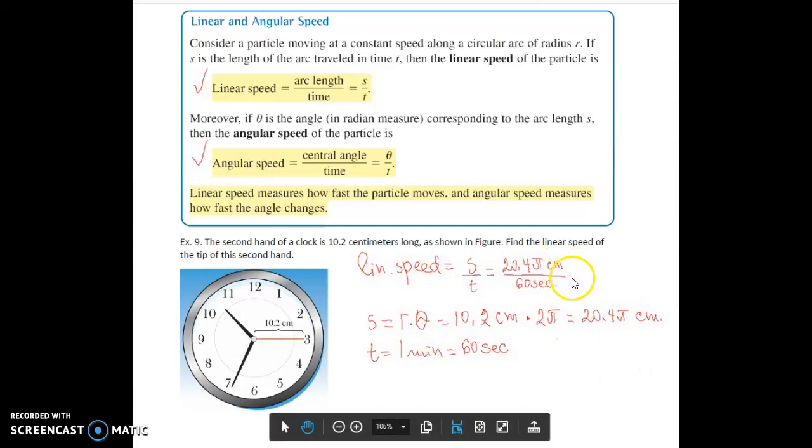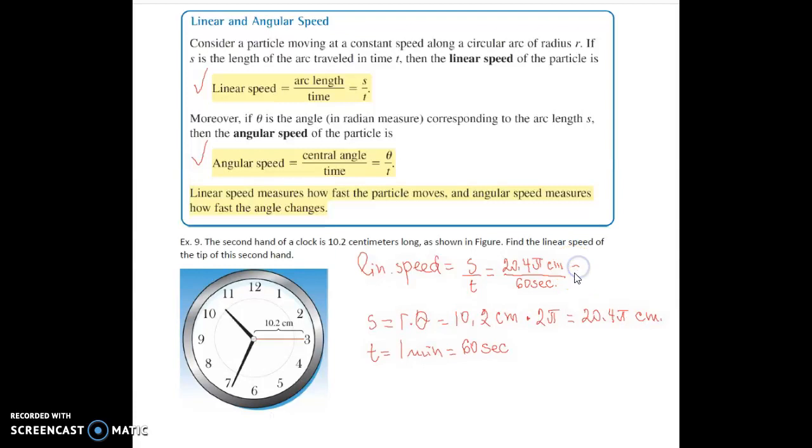I had to reach out for my calculator. I hope you guys attempted that also. So our linear speed adds up to 1.07 centimeters per second.